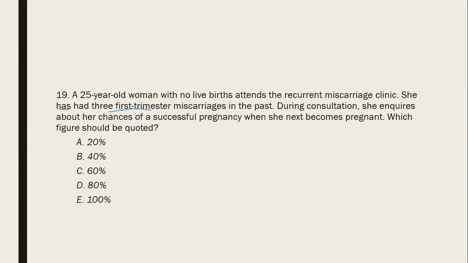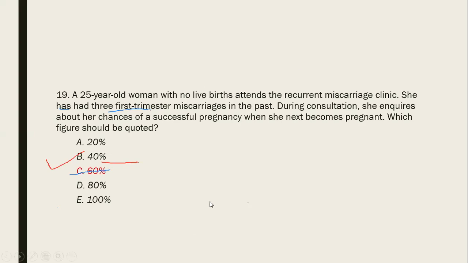A 25 years old woman with no live birth attends the recurrent miscarriage clinic. She has had 3 first trimester miscarriages in the past. During consultation, she inquires about her chances of a successful pregnancy when she next becomes pregnant. Which figure should be quoted? 40% recurrent miscarriage, 60% successful.